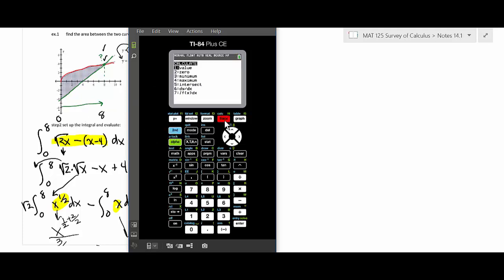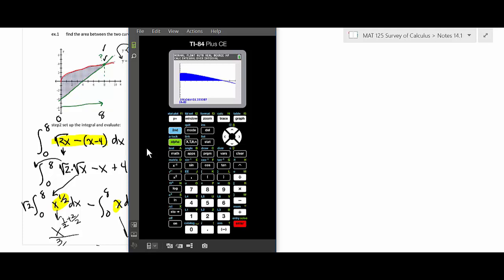So you go second trace, option 7, lower limit is 0, upper limit is 8. It's going to shade that, and it's going to give a decimal answer. What we're going to do is compare our answer to the decimal answer. Remember, don't let this confuse you. We're finding this region. It turns out this region is the same as that region. We're graphing this. Does that make sense?